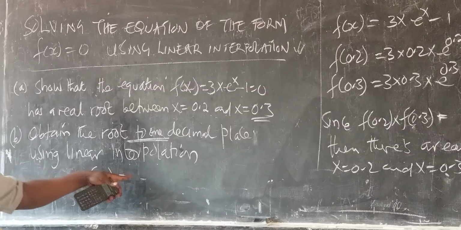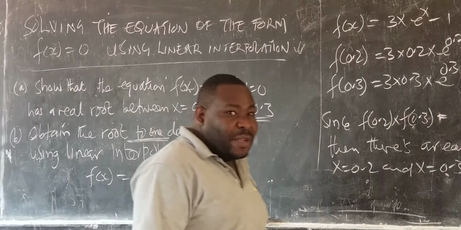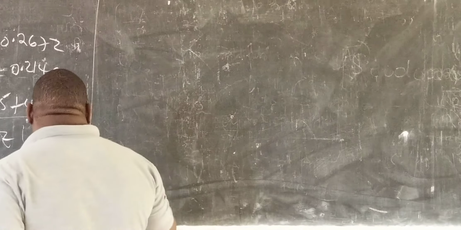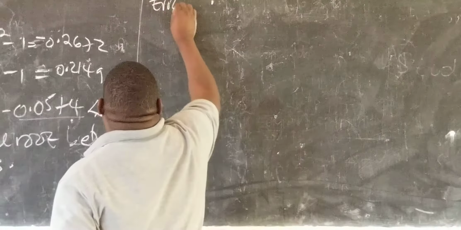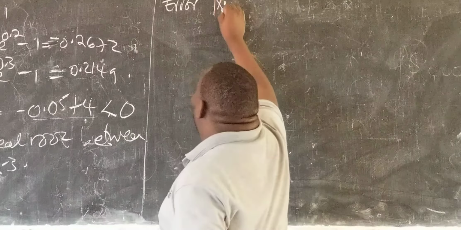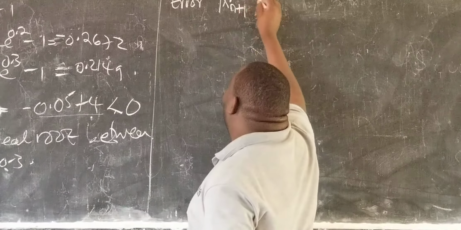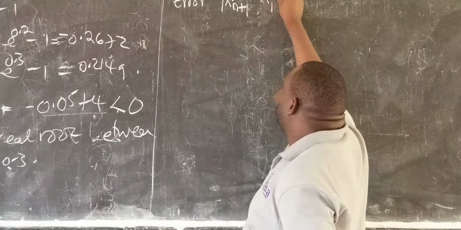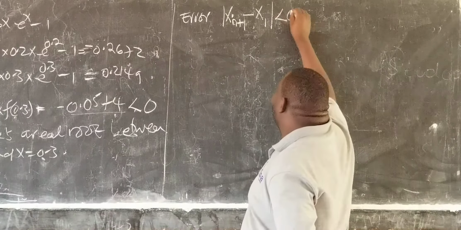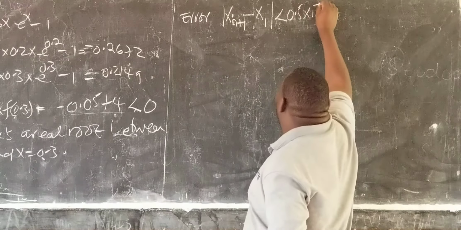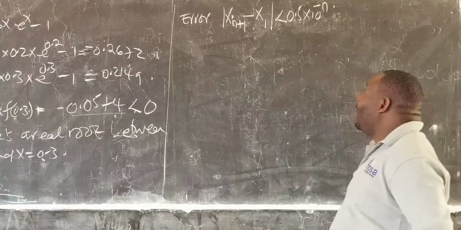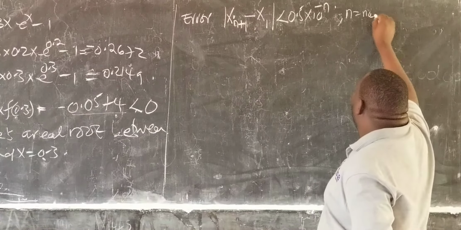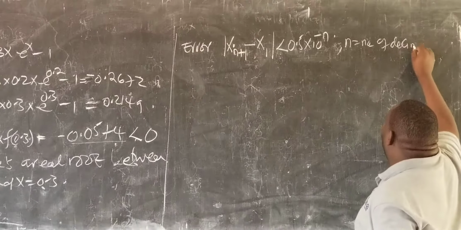Now, using the linear interpolation, when finding the root of the equation, the error between the latest approximation and the previous approximation must be less than 0.5 times 10 to the power negative n, where n is the number of decimal places.